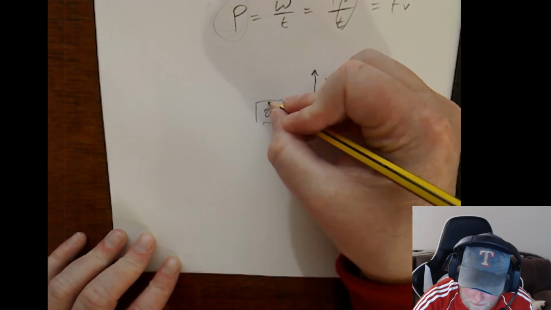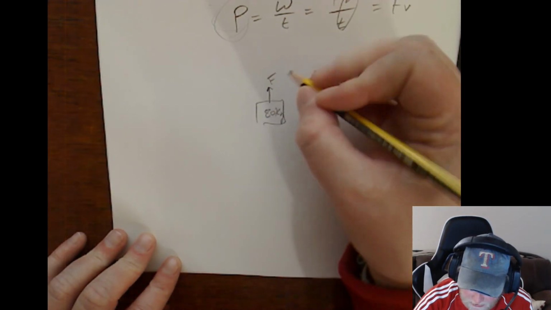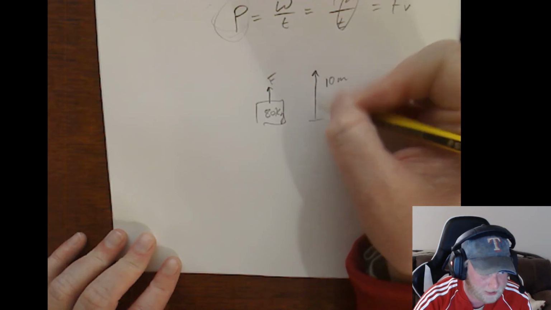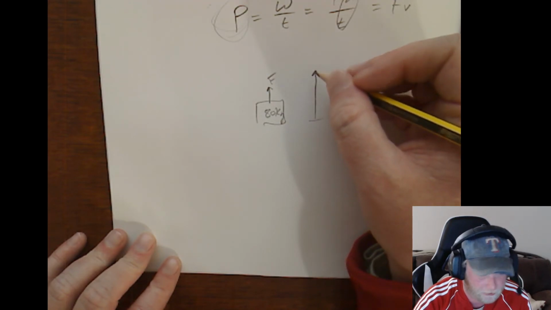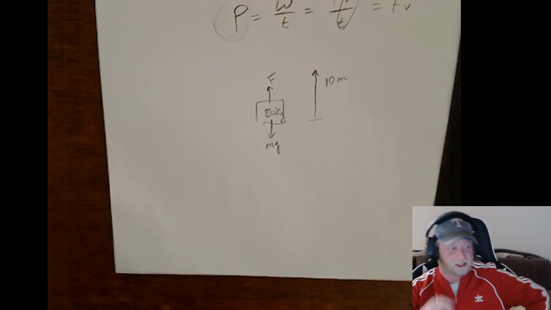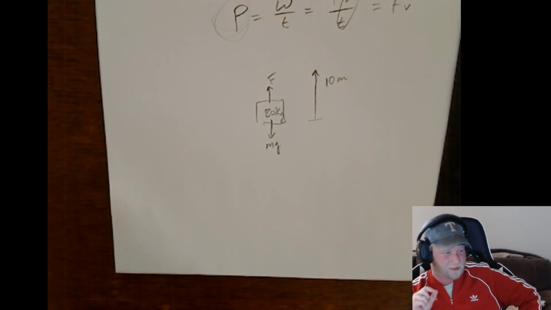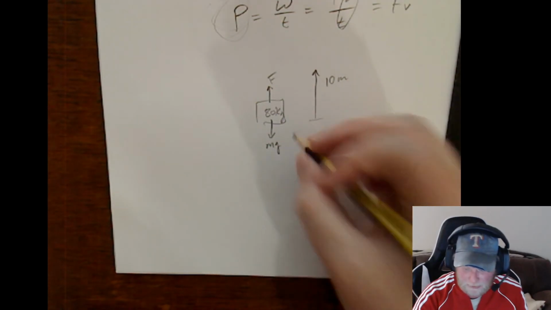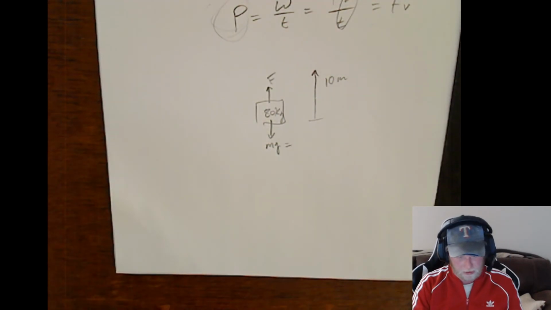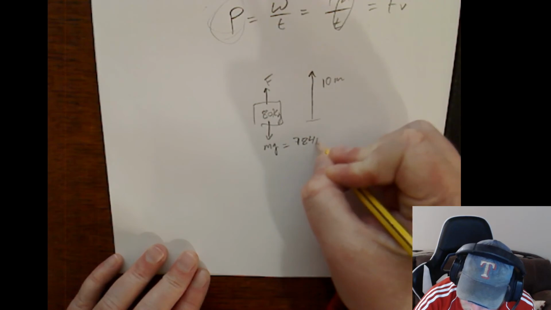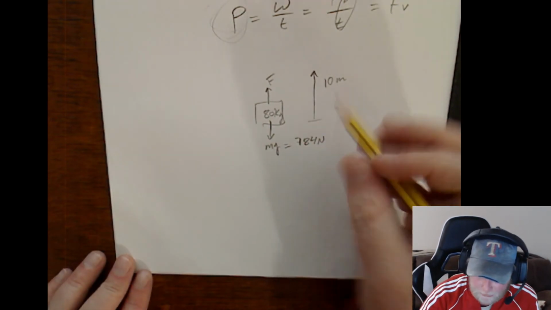well, the amount of force required at minimum for him to be ascended by 10 meters in the vertical has got to be just a tiny, tiny, tiny bit bigger than his actual weight, right? So if you do 80 times 9.8, well, you get a weight of 784 newtons.